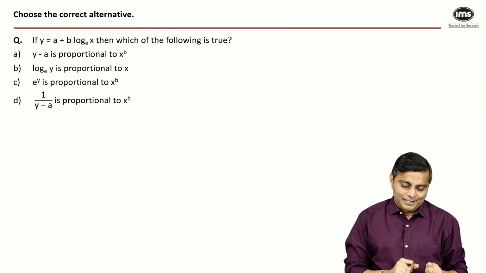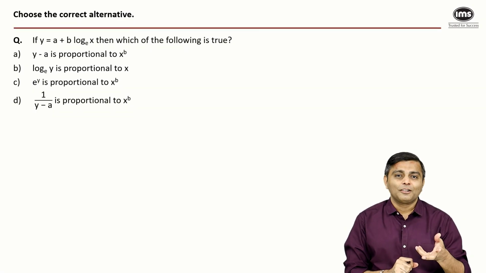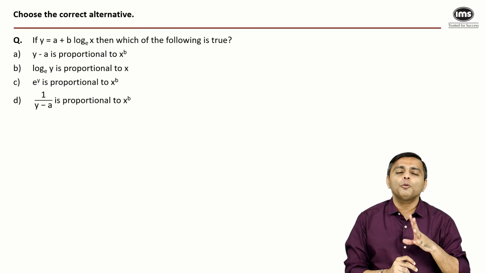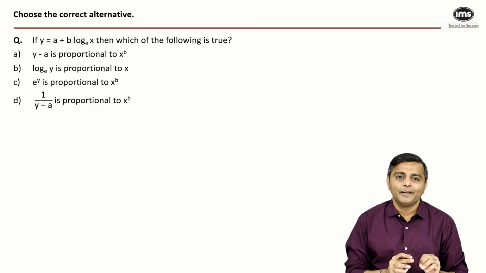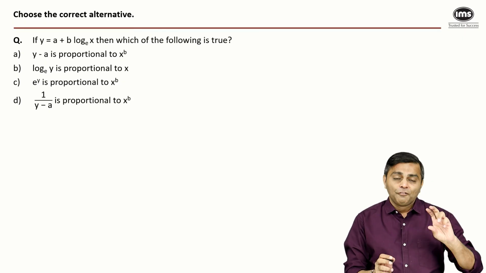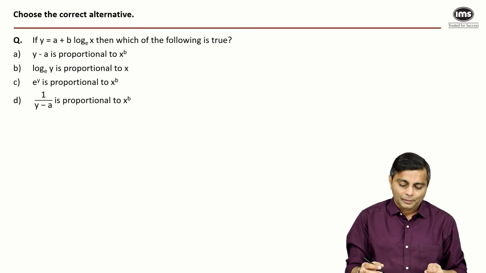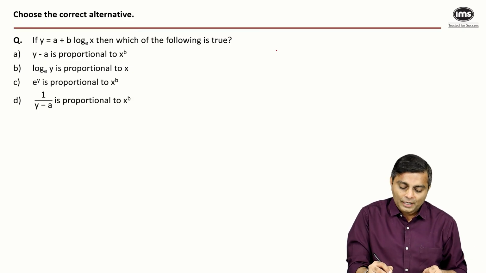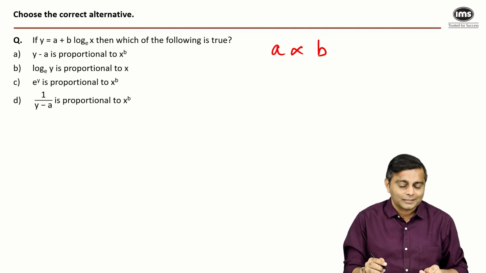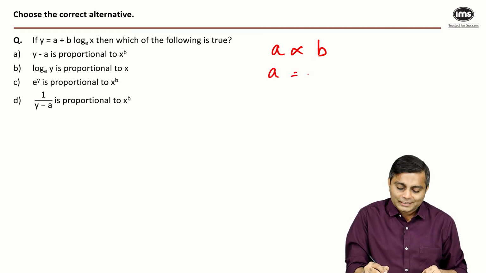Moving on to the next question. Next question is a logarithmic question, but very few properties of log are required here. So, I think you should be able to do it. If you look at your options, all the options are something is proportional to something. If you just go back to even your 10th grade, when we get rid of the proportionality sign, we introduce a constant of variation.